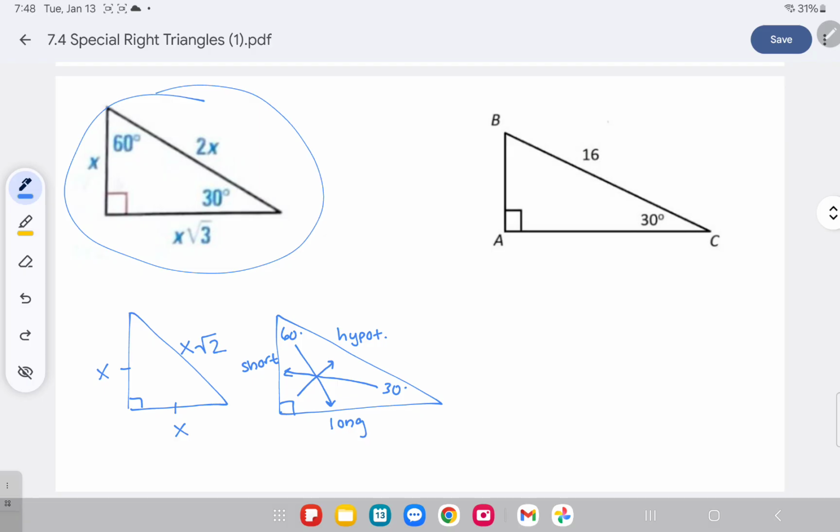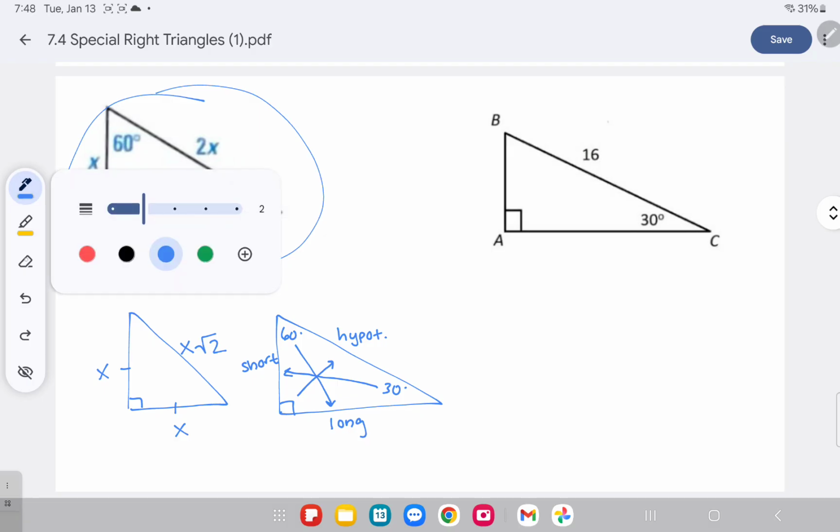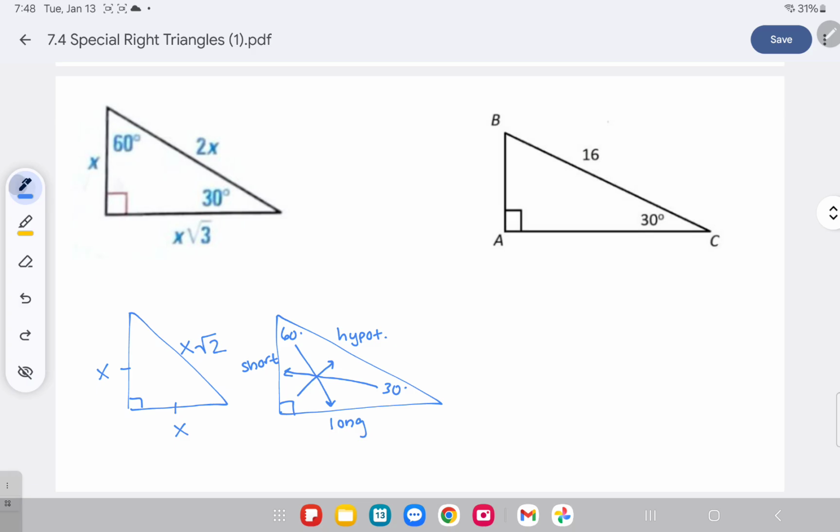So in our little helpful picture over here, we have a 30, 60, 90 right triangle. Across from the 30, that's your short side. That's the side we want to know. So if ever you don't know what the short side is, that's the first side you want to find, because if you know the short side, the other two sides are pretty easy to find.